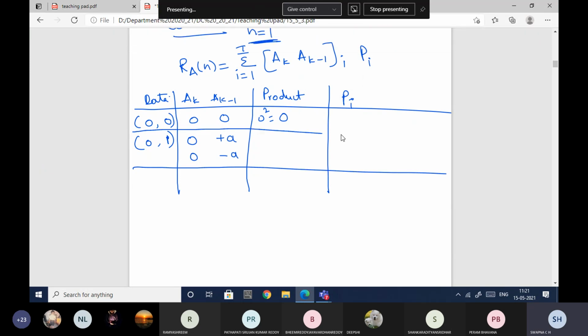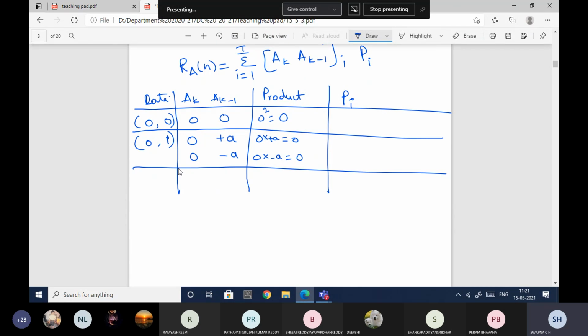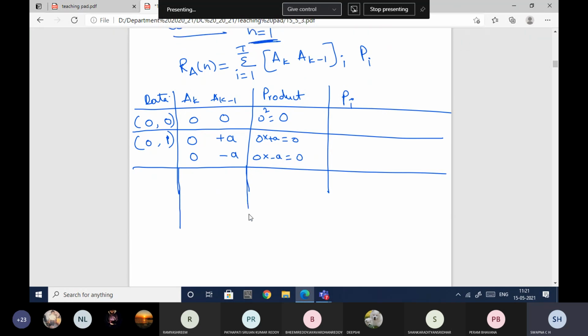I'll get two events separately like this. So here again 0 into minus a, plus a, it will be equal to 0. 0 into minus a, it will be equal to 0. Okay, let us first find out the events and then after that we will write the probability. Next possibility is 1.